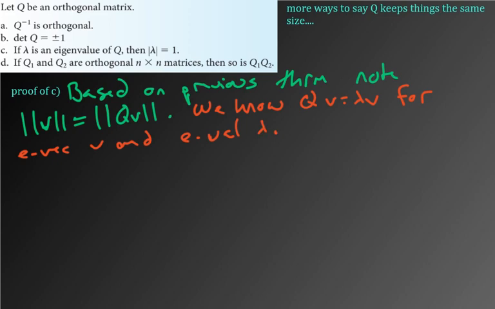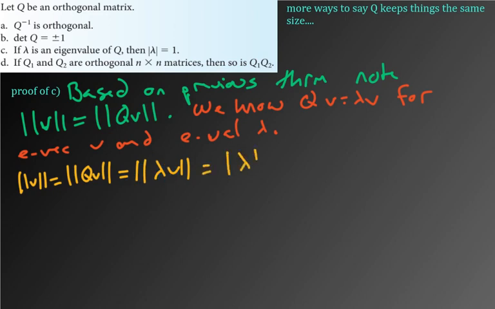And so what I can do is take my magnitude of v, which equals my magnitude of Qv, and pop in now lambda v, right? And we have a similarity between magnitudes and absolute values. When you have a scalar, you're taking the magnitude of a scalar, in math language we call that absolute value. And so we can pull that out as the absolute value of lambda. And so all that happens, okay?